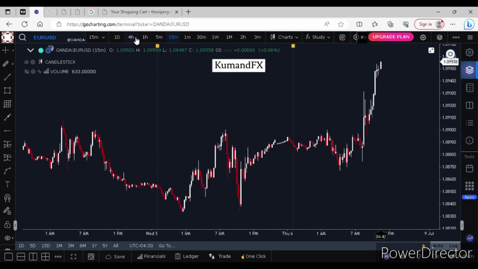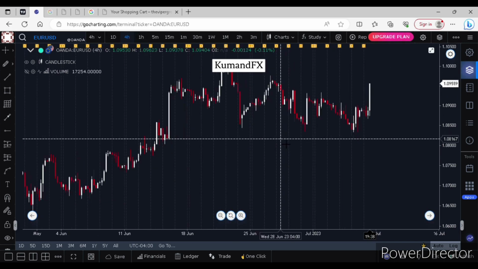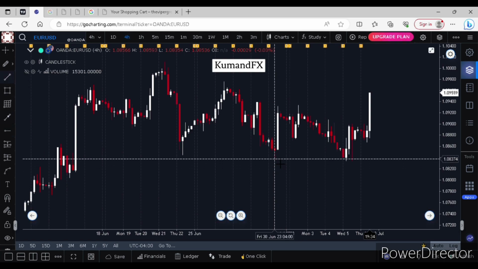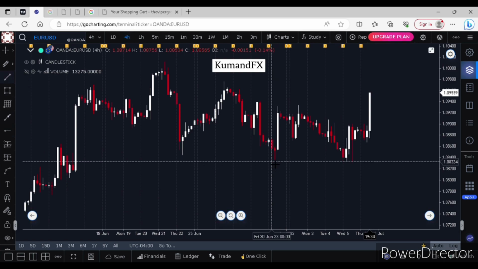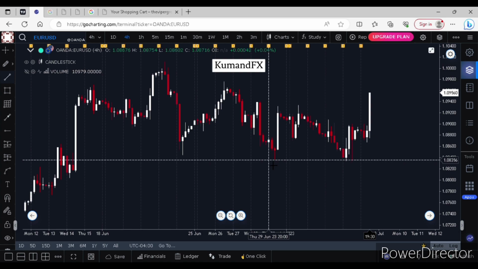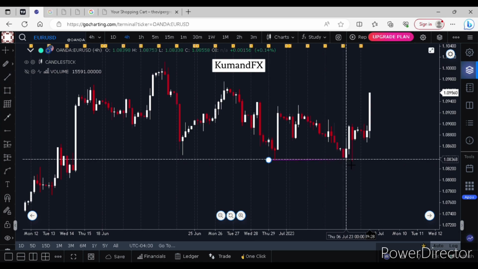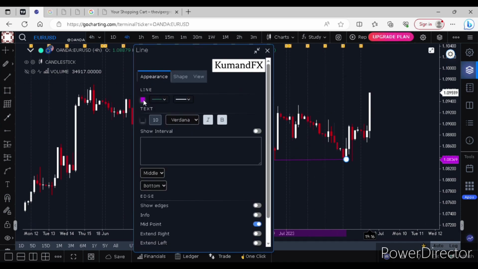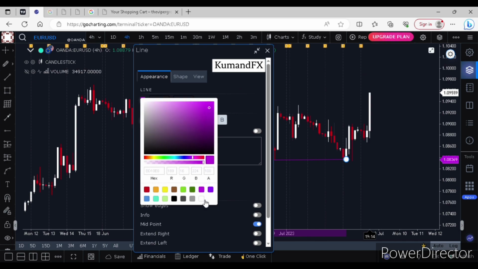We can then look to see that this was the place, look at that previous low where price swept. It swept it. Now you can see it swept the low, right? And change the color to white, so it's not different from other illustrations.